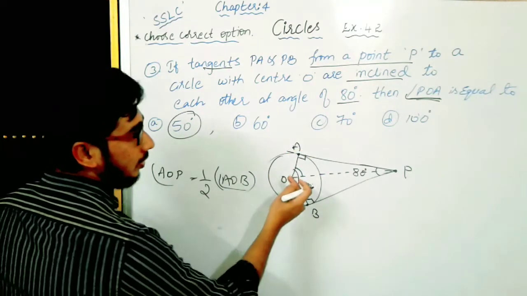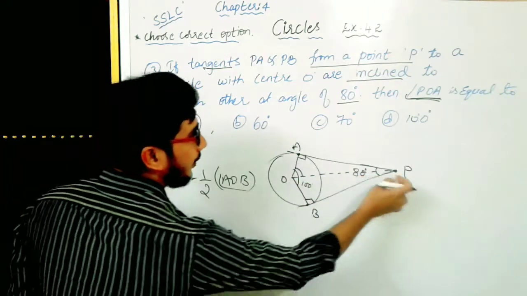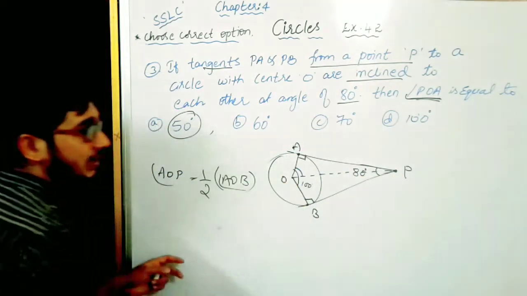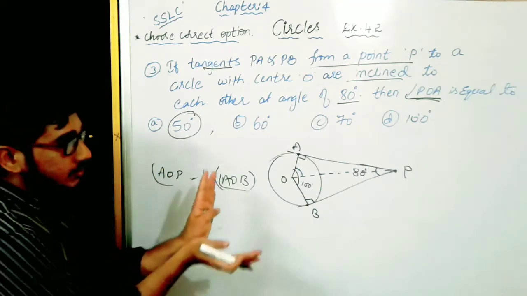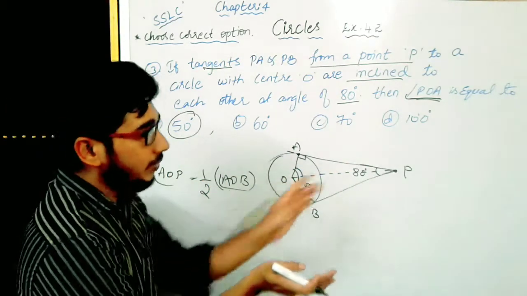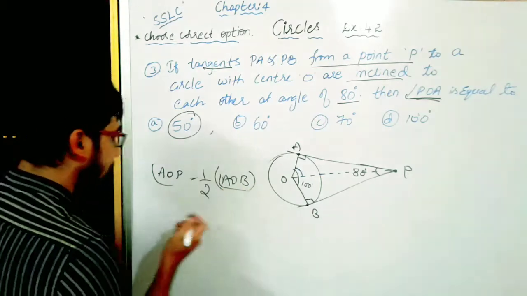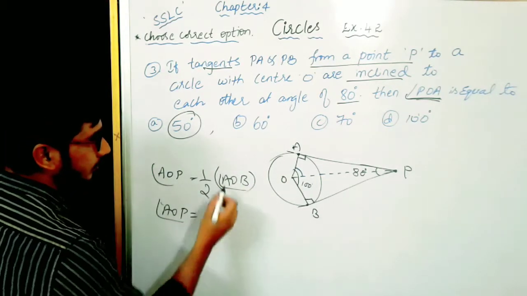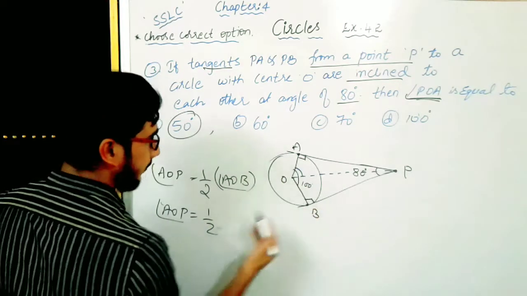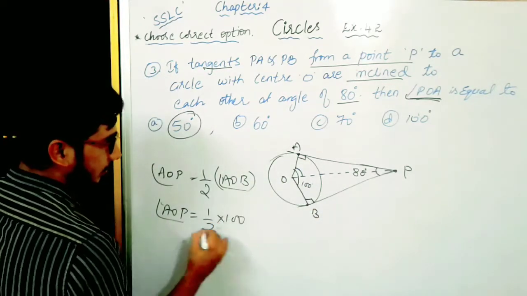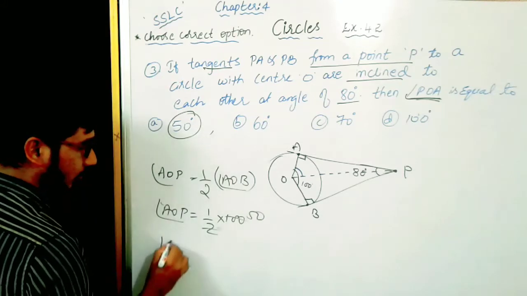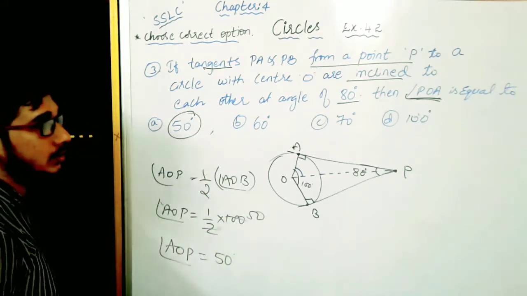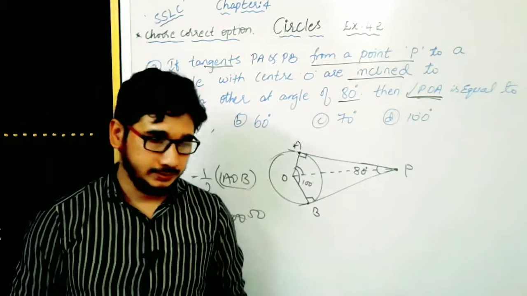AOP is half of this complete angle AOB. So angle AOP is equal to half of AOB. AOB is 100, right here 100, half of it is 50. So AOP is equal to 50 degrees. That is your option. Okay, we'll go for question number 4.